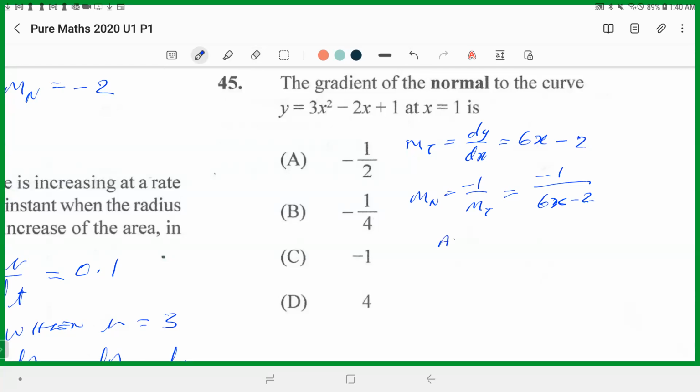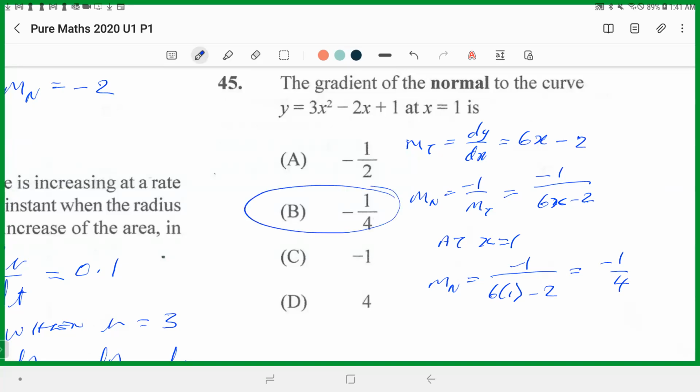So at x equals 1, the gradient of the normal becomes minus 1 over 6 times 1 minus 2, so minus 1 over 4. If I put the 1 in here, I get 4 for the gradient of the tangent, and the gradient of the normal is minus 1 over 4.